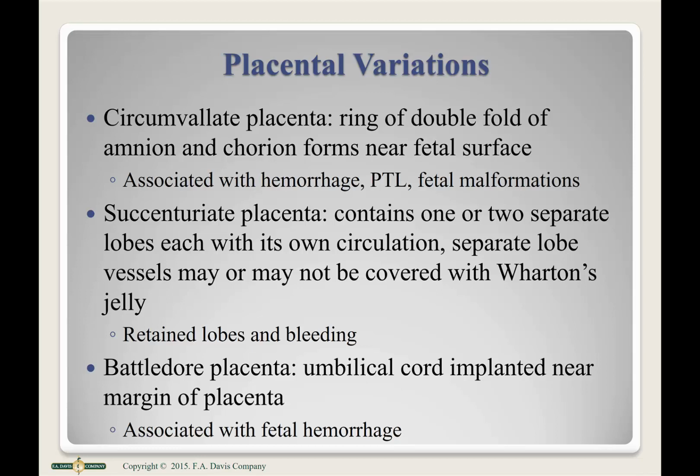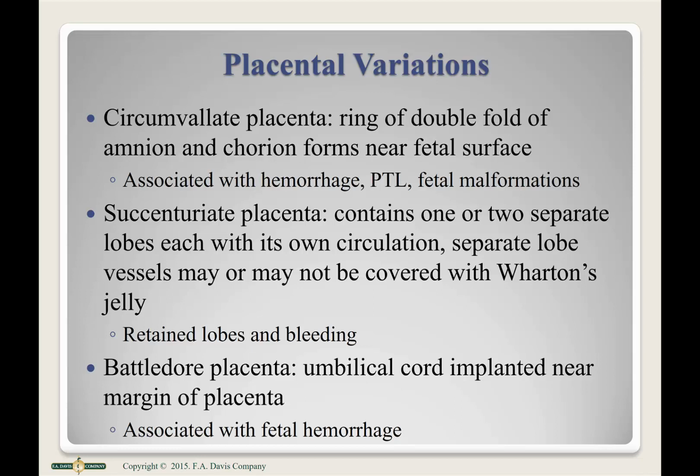Next, succenturiate placenta. This is where we have one or more separate lobes of placenta, and where that separate lobe is, we have communicating vessels from the main placenta to this separate lobe.